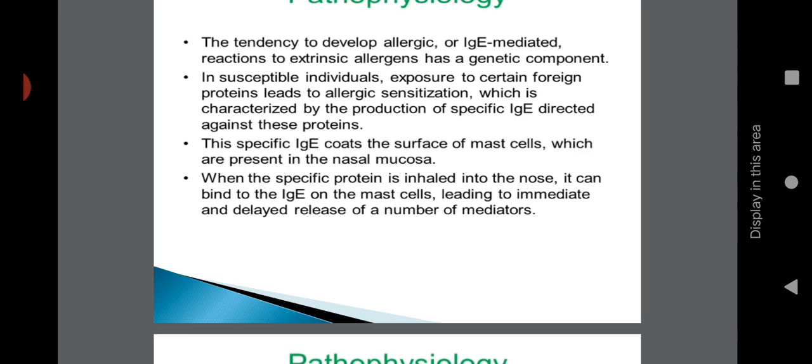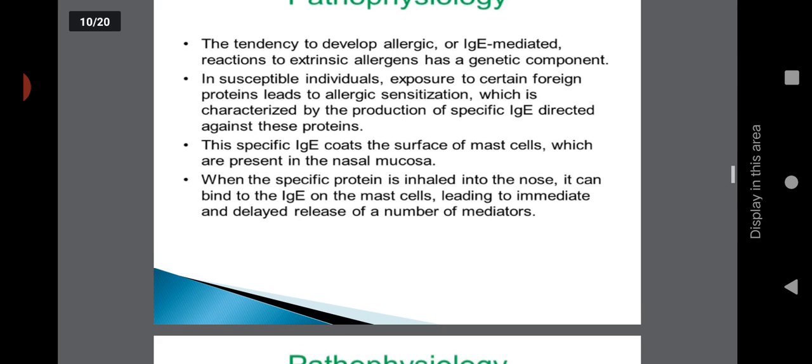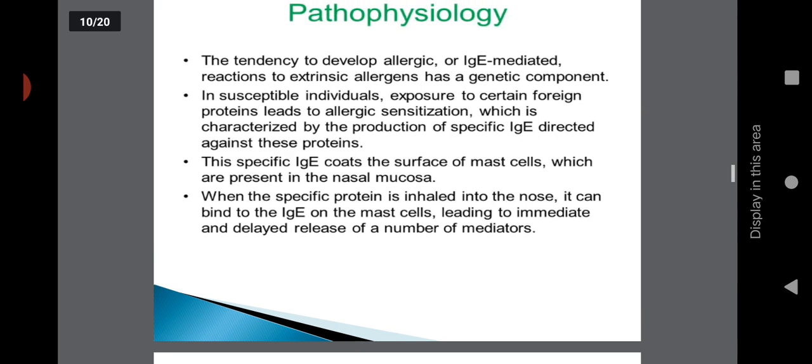We know that when our body comes in contact with some foreign bodies or allergens, suddenly an inflammatory reaction is produced, and that is what they have mentioned here. Once it enters the nose, it can bind to the Ig on the mast cell. We have discussed that Ig is already present on the mast cells in the nasal mucosa.